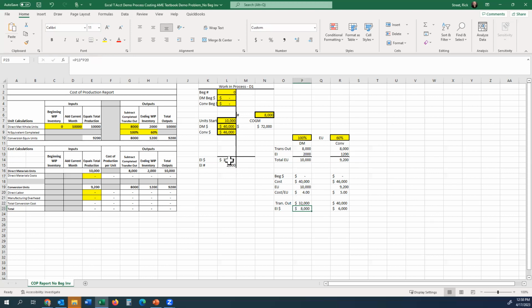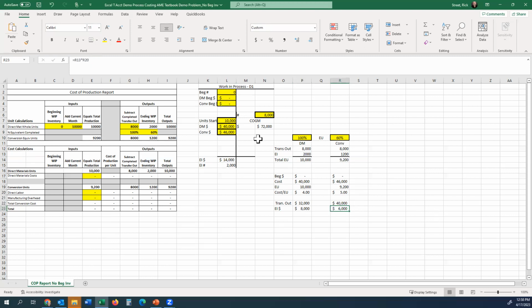So of that 14,000, 8,000 is direct materials that have been put into the product probably at the beginning of the process. Here we have 1,200 units at $5 each, and we have $6,000 in costs associated with those units that are partially complete.